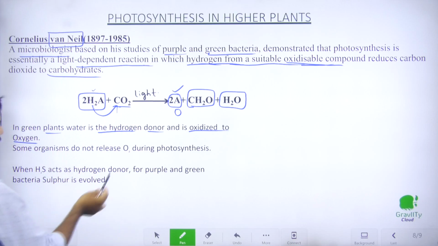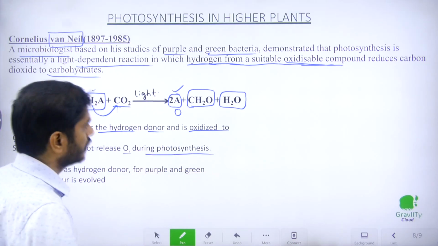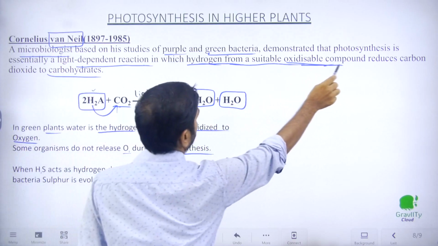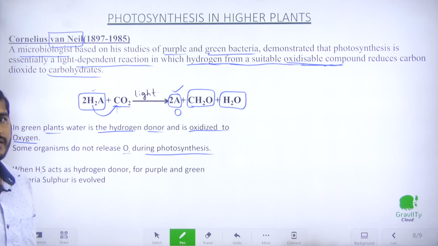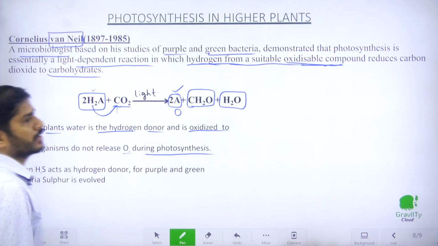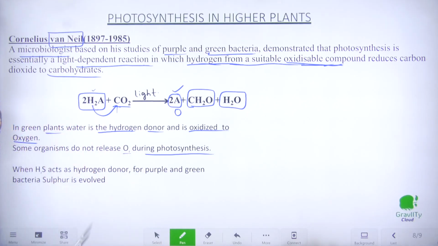Some organisms do not release oxygen during photosynthesis. Why? Because the suitable oxidizable compound is different. Their substrate is different, so the product is different.